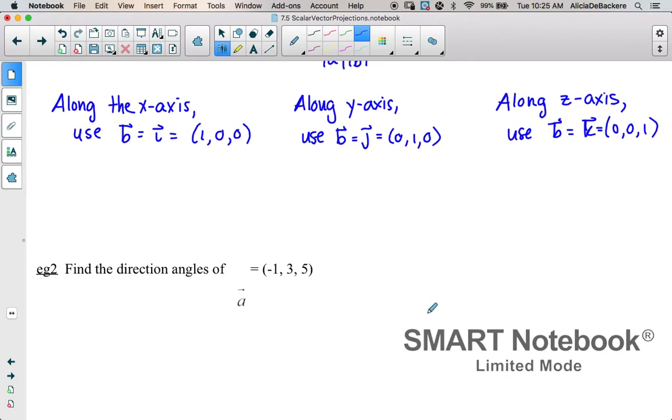All right, oops, this guy's moved. All right, we're going to find the direction angles for this particular example of this A vector. So this is my A vector from example 1, and what I'm going to recall from example 1 is that the magnitude of vector A was equal to root 35.